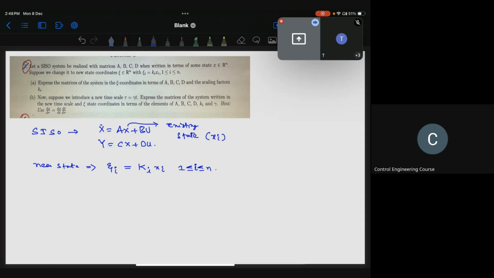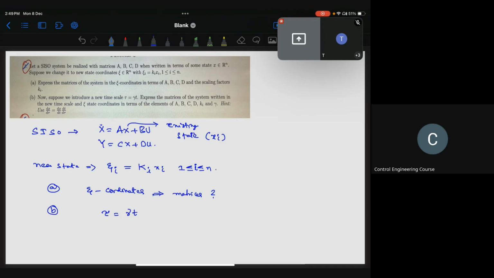The first question is to express the matrices in the zeta coordinates. With the x coordinates, the matrices are A, B, C, D. When we do the transformation, what do these matrices become? The second question is, suppose we introduce a time scaling, tau equals gamma t.